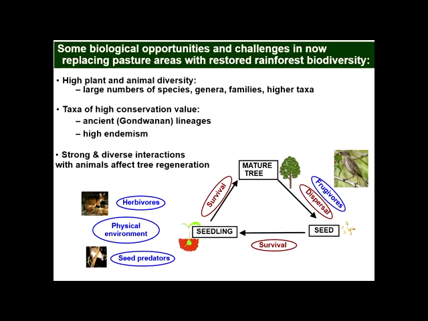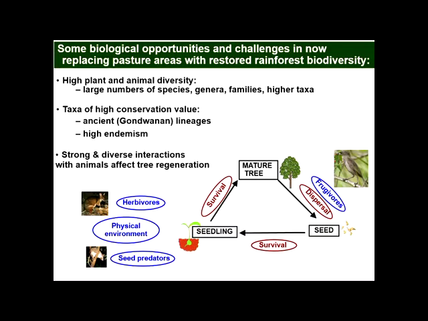The other characteristic, which is both an opportunity and a challenge, is that these ecosystems feature a lot of interactions between plants and animals. If you consider the life cycle of a plant, or in this case I'm talking about trees that produce seeds, they have to be dispersed, the seeds will germinate, become seedlings, they have to survive.